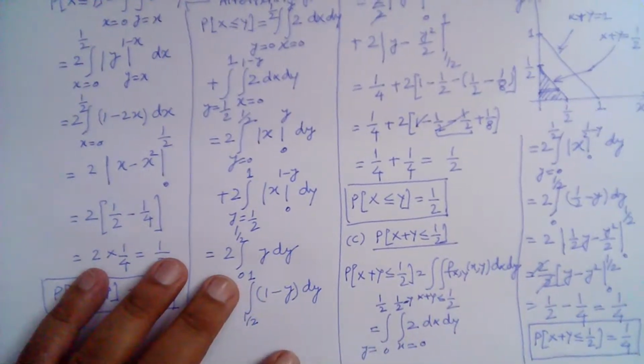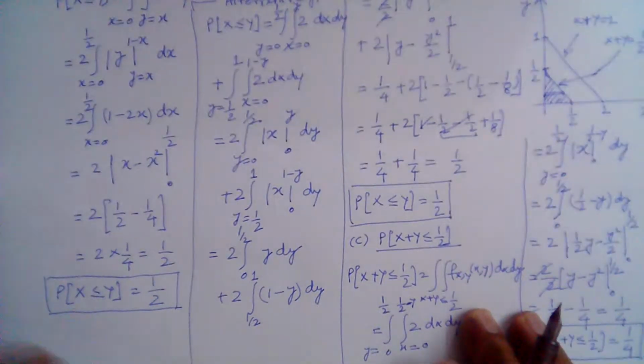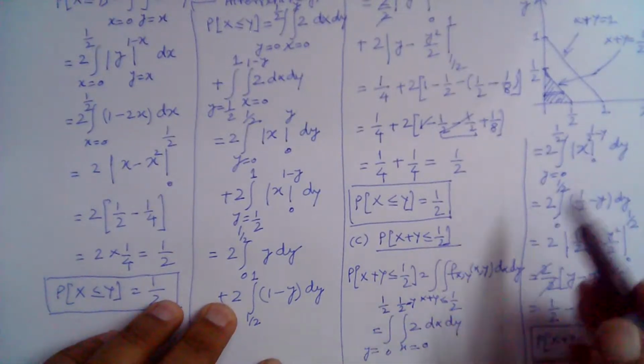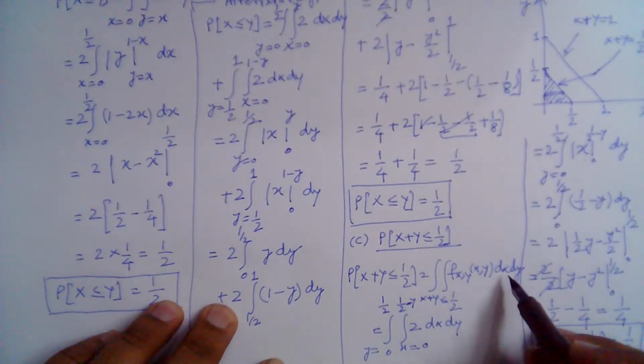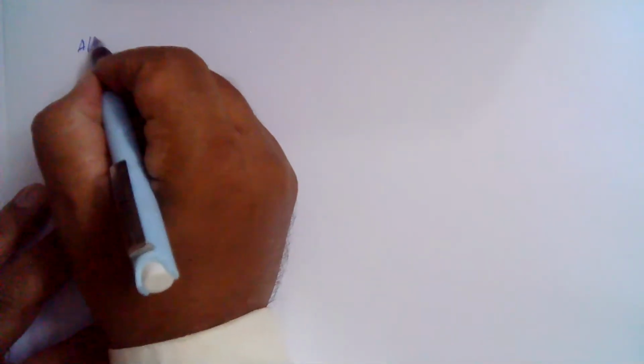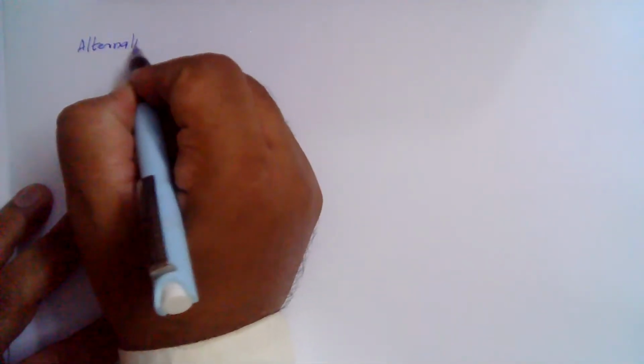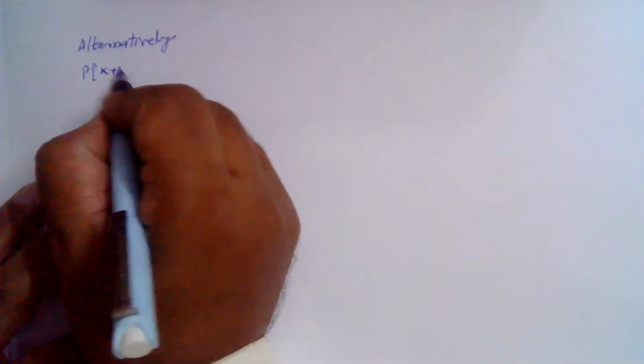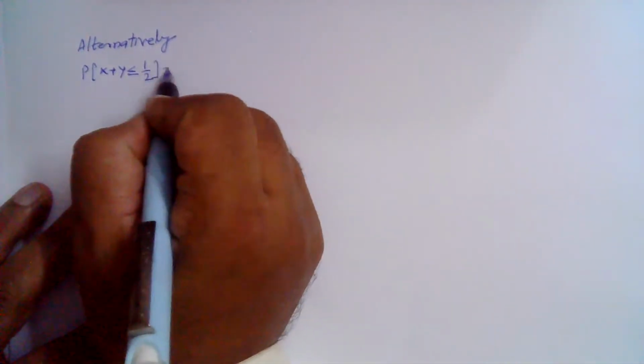So this integral, this part C, can also be evaluated using a different order of integration. So let's do that as well. So let me say alternatively, we can calculate it in a different way also. So the probability that x plus y is less than or equal to 1 over 2 is given by this integral.